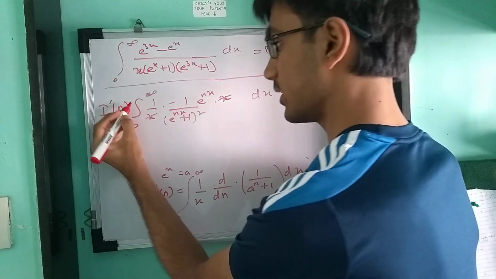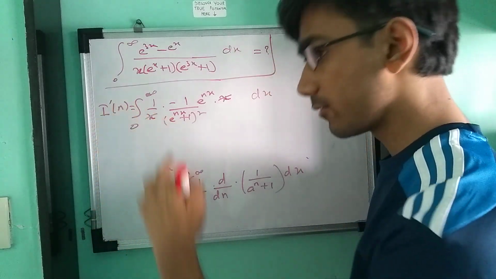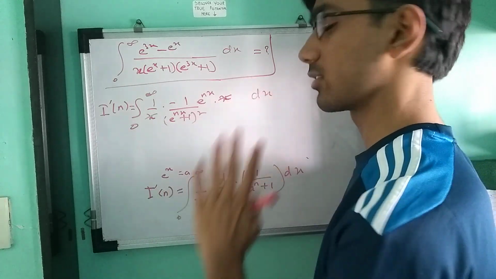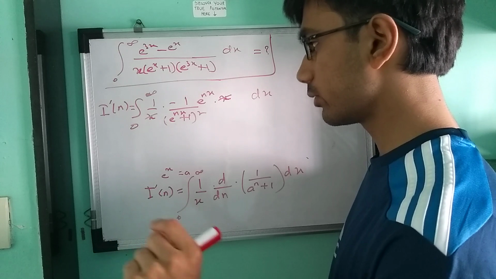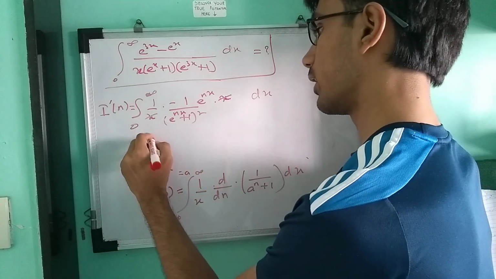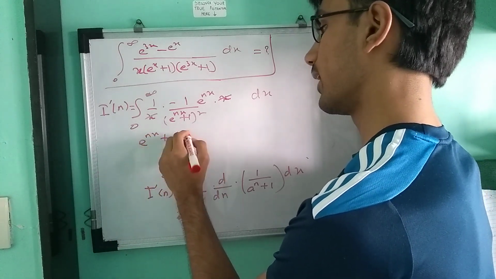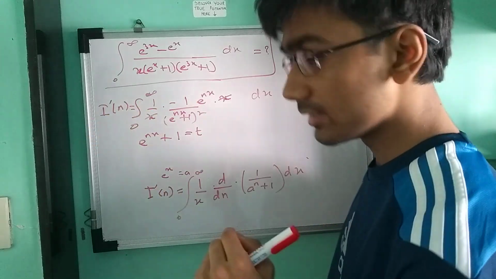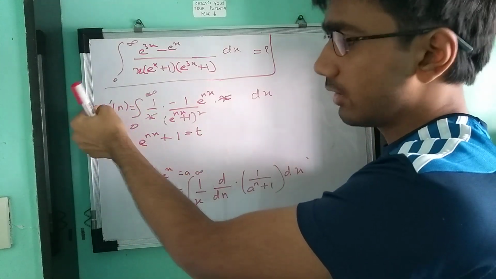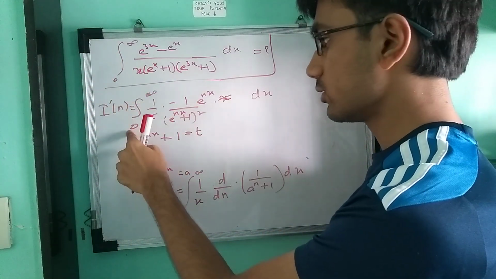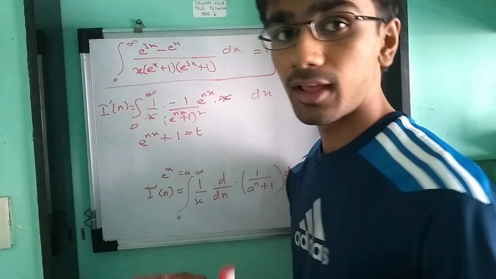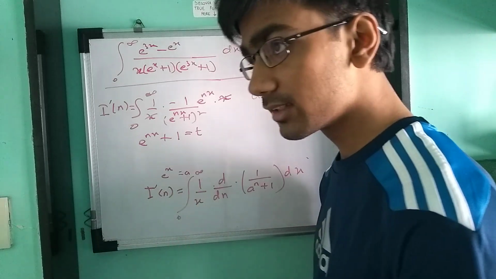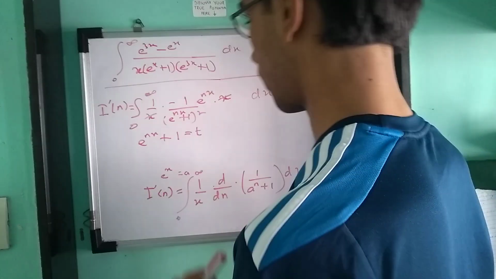So by differentiating I of n like this, we've gotten rid of x. Now how does that help us? My idea is to integrate this function, get I dash n in terms of n, and then integrate that to get the answer. That is my aim.